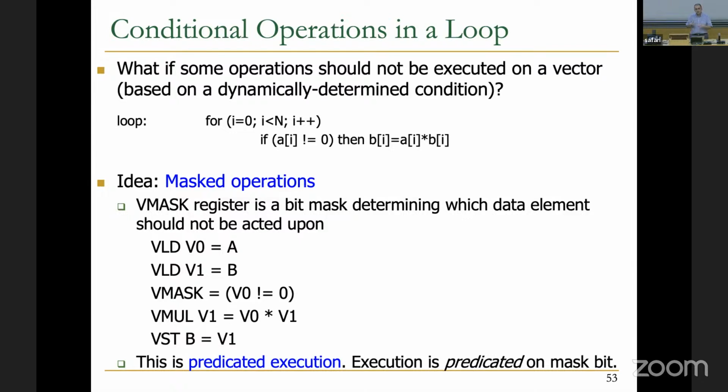But when you use predication, essentially you go through the same pipeline and the same functional unit, but if you predicate the corresponding element, you don't do that operation. It's going to be a no-op for that element. This is called a predicated instruction, which is also quite useful for GPUs.